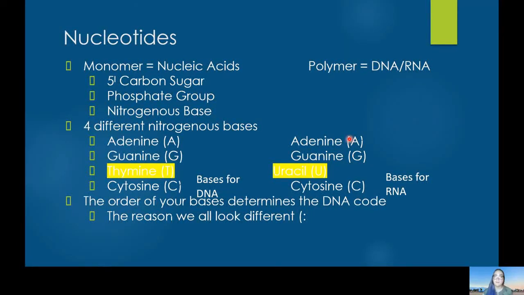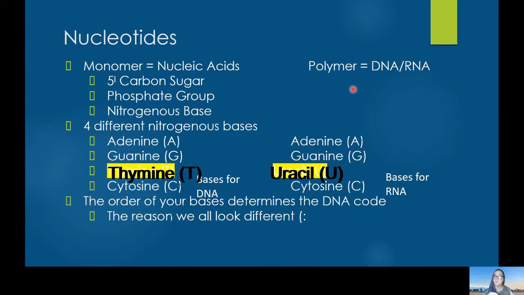So our nucleotides are the monomers composed of those 3 parts. So the monomers are the nucleotides. The polymers are the DNA and RNA, deoxyribonucleic acid and ribonucleic acid. There is a difference between the two, and we have a whole unit on DNA and RNA, so don't worry about that for now.